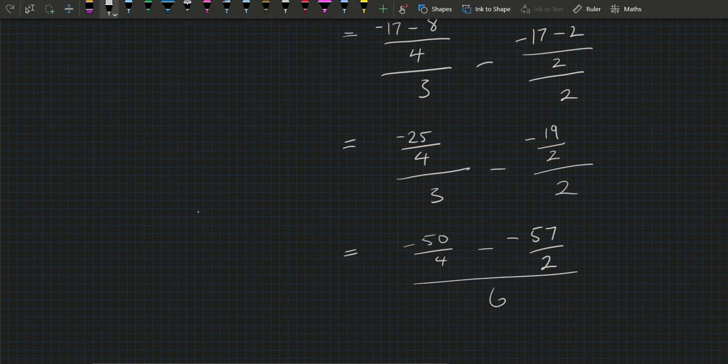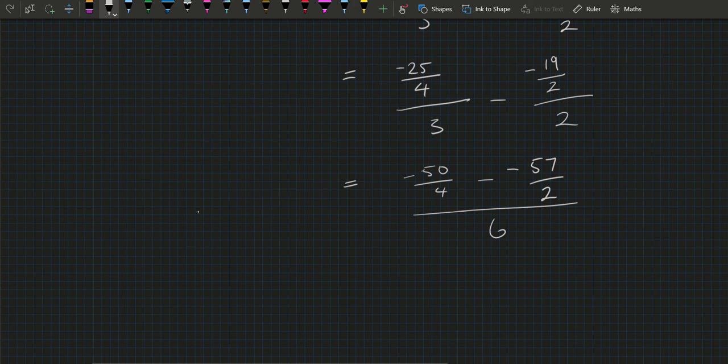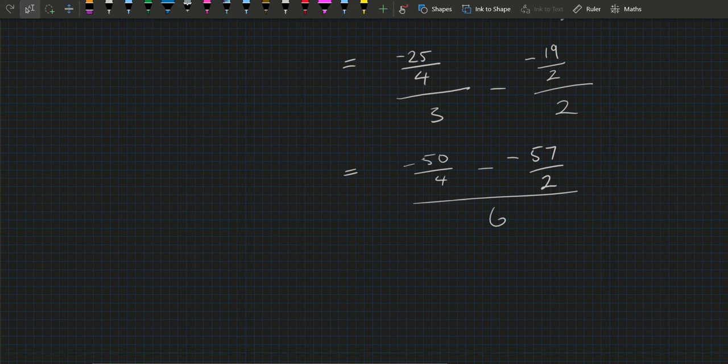All divided by 6. Okay. So I've got to make these fractions the same now, and so I've got to multiply this one by 2 to make it 4, so that equals minus 50 on 4 still, minus a minus gives me a plus, 114 on 4, all divided by 6.